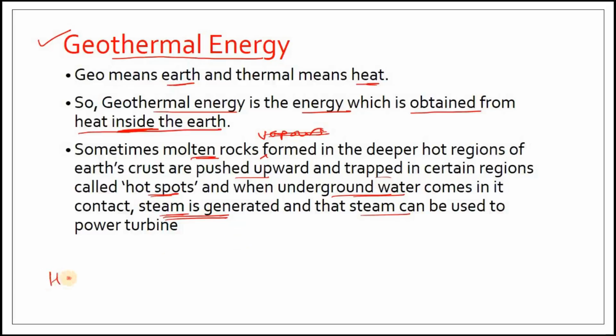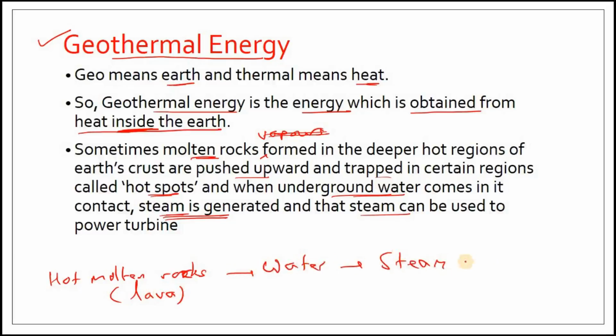So hot molten rocks, or in simple words, lava, mixing with a water body will produce steam, and steam has more energy. It can be used to run the turbine, move the turbine, and generate electricity.